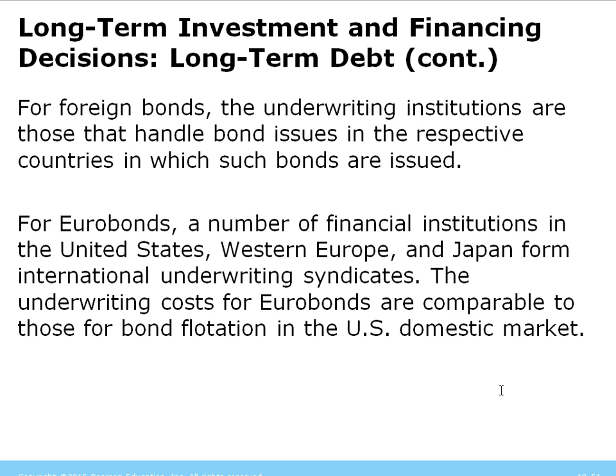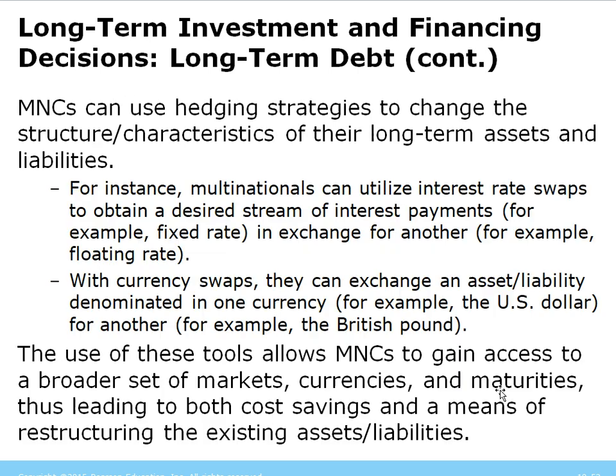So for Eurobonds, a number of financial institutions in the United States, Western Europe, and Japan form international underwriting syndicates that will share the underwriting costs for Eurobonds and make them comparable for the bond flotations in, say, the U.S. domestic market. So the U.S. domestic market and the Eurobond market together are probably 90% of the world's bond market in total currency.